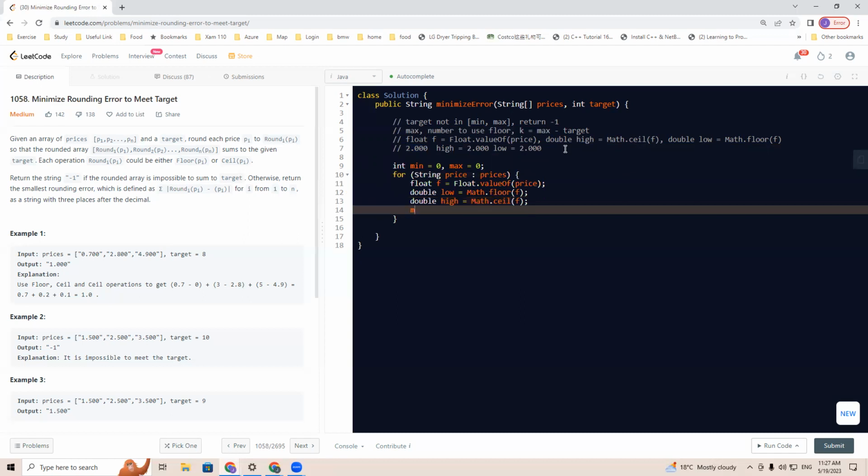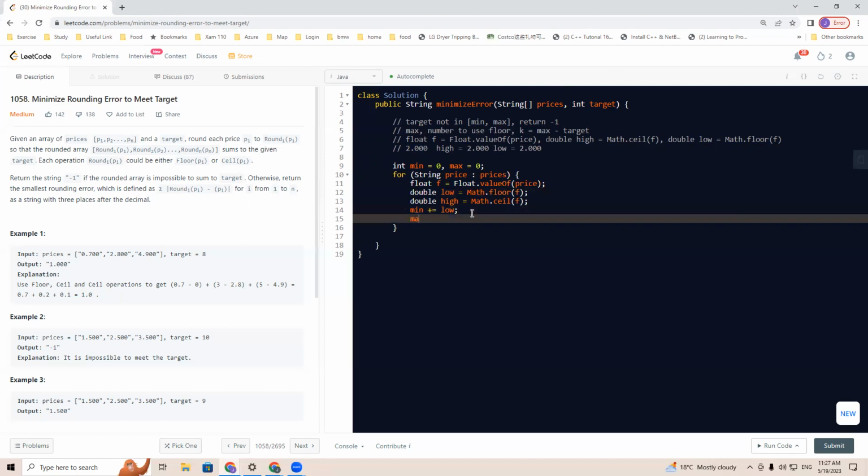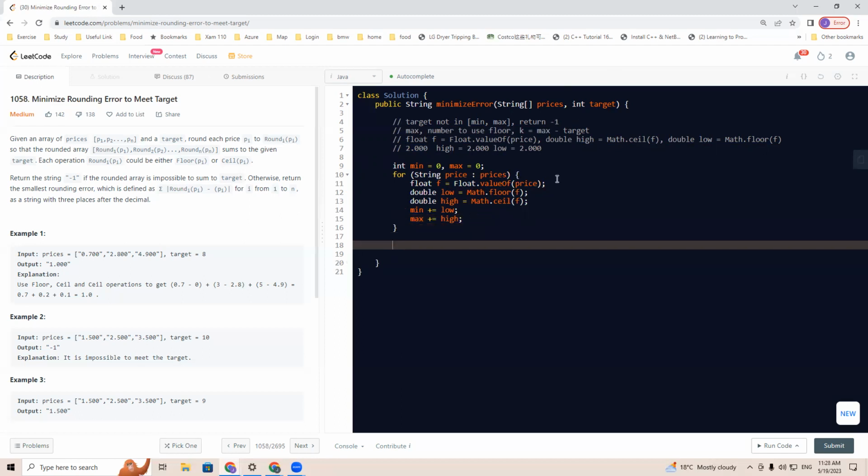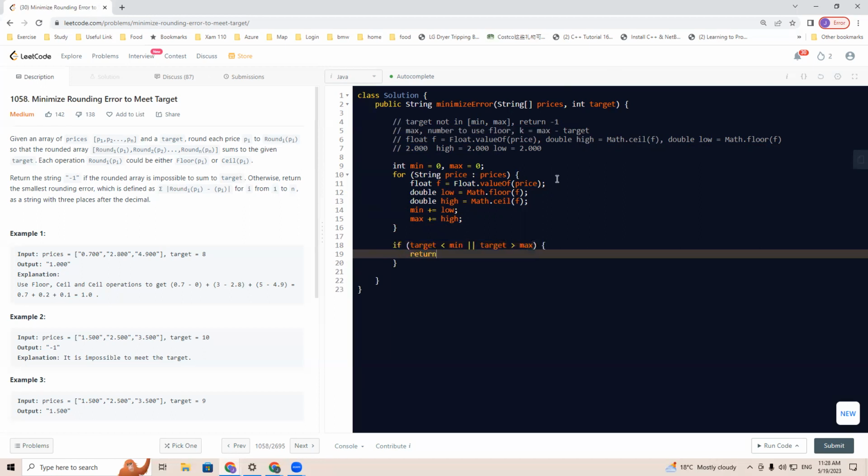So we'll have min plus equal to floor, and doing this will convert double to integer, and max plus equal to ceil. So this is the first condition: if the target is smaller than min or target is greater than max, we return this.